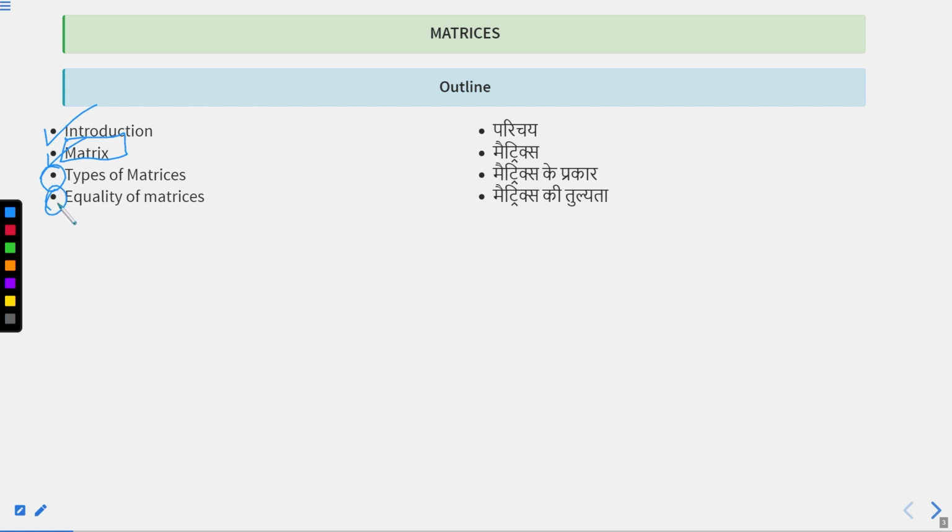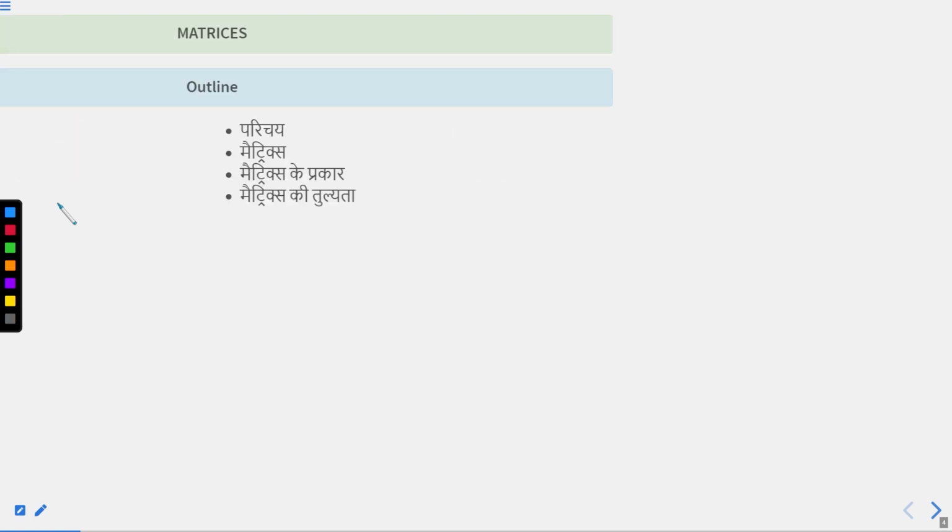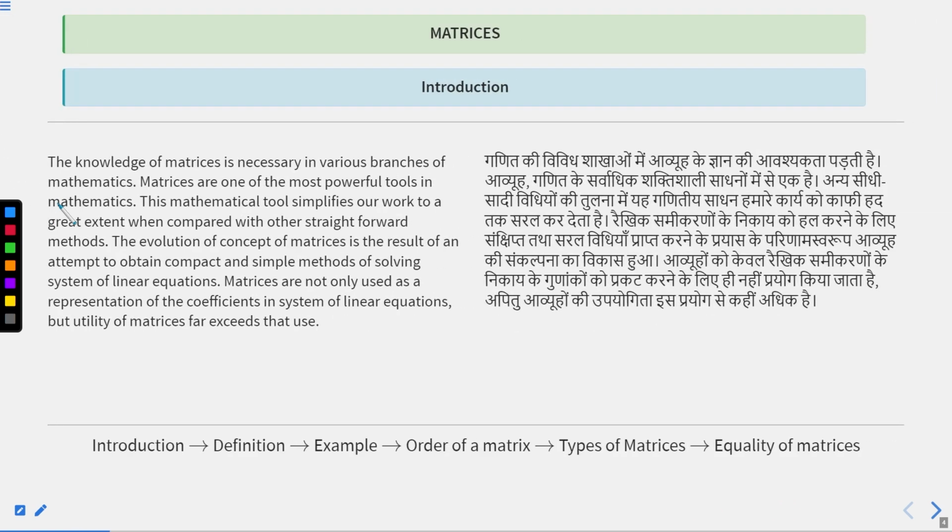So let's jump right to our first thing, which is the introduction part. Why is there a need of matrices? The concept of matrices is the result of an attempt to obtain compact and simple methods of solving linear equations.